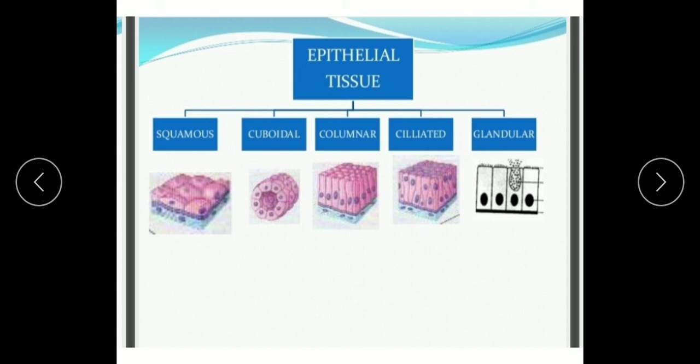The major role of the ciliated epithelium is protection. Then next one, glandular epithelium. The columnar and cuboidal cells having glands are called glandular epithelium. The major function of the glandular epithelium is secreting substances such as mucus, enzymes, hormones, etc.